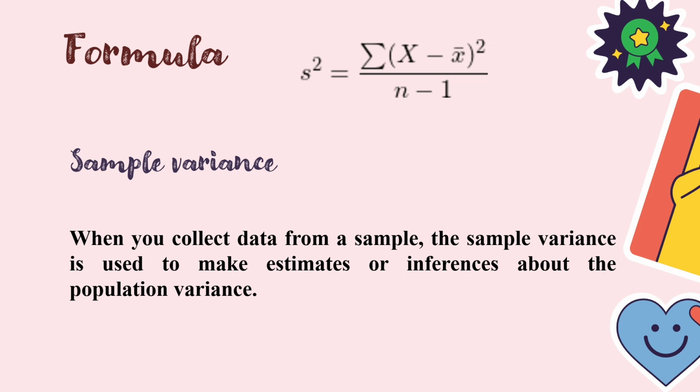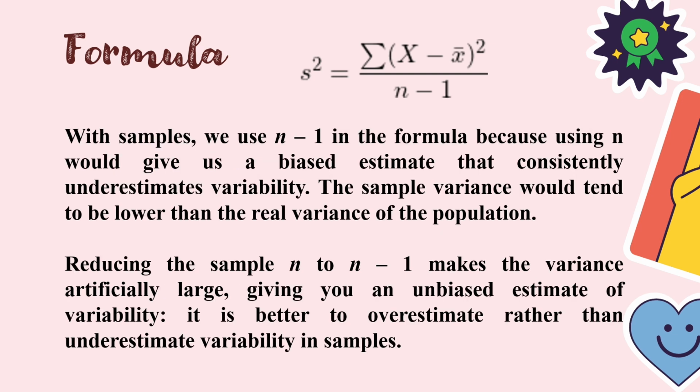With samples, we use n minus 1 in the formula because using lowercase n would give us a biased estimate that consistently underestimates variability. The sample variance would tend to be lower than the real variance of the population. Reducing the sample n to n minus 1 makes the variance artificially large, giving you an unbiased estimate of the variability. It is important to note that it is better to overestimate rather than to underestimate variability in samples.